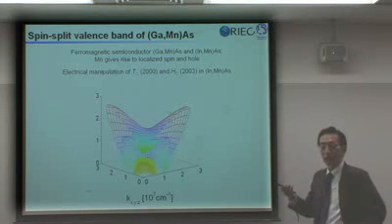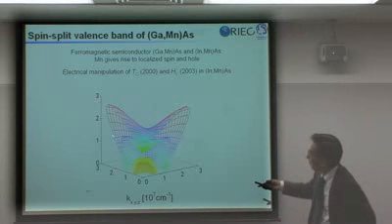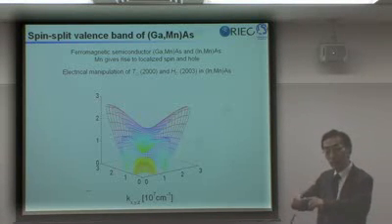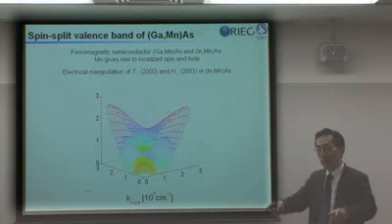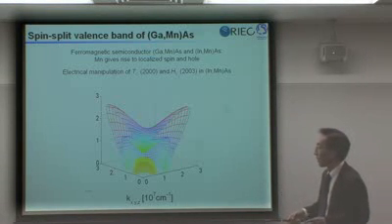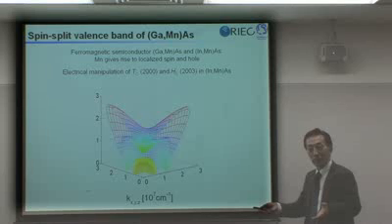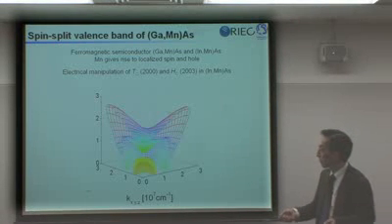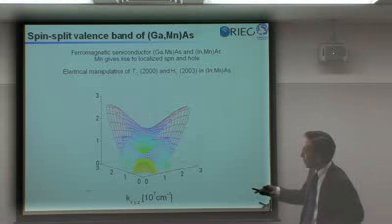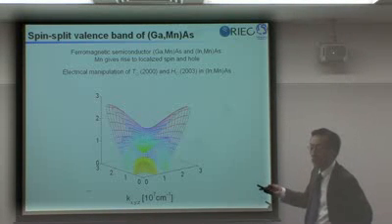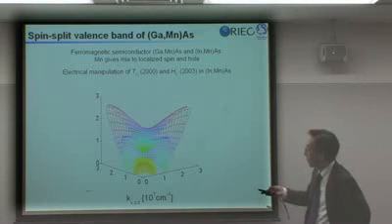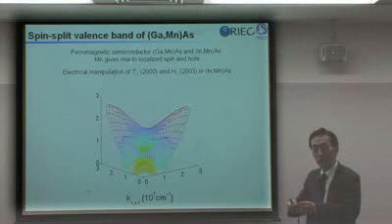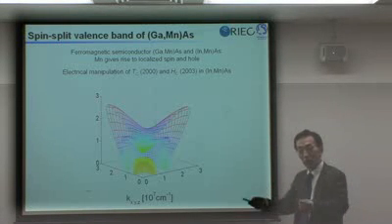But here I would like to point out that this is a valence band of gallium manganese arsenide. And as you can see, it's very anisotropic. We can make it even more anisotropic by introducing strain. And this means that if you can change the carrier concentration, these spin split bands are there because they couple to orbits differently.